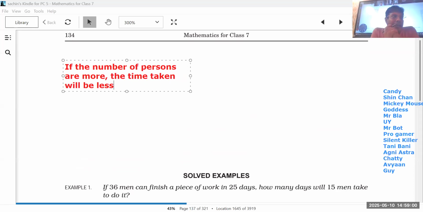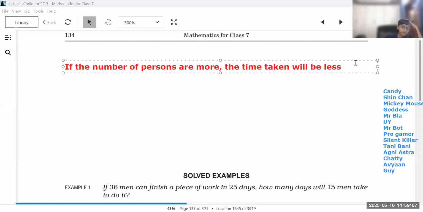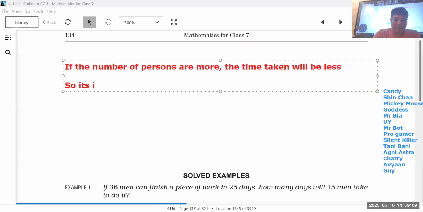So is this direct variation or inverse variation? Inverse. So it's inverse variation. Now in direct variation the ratio is constant. In inverse variation, the product remains constant.